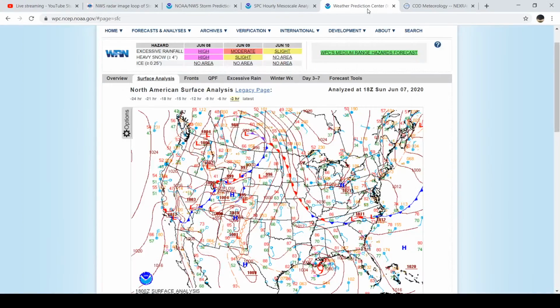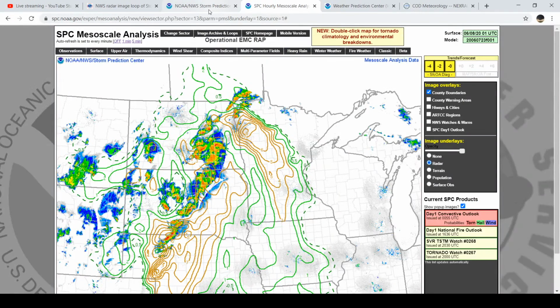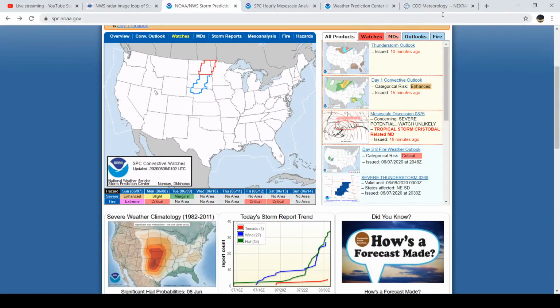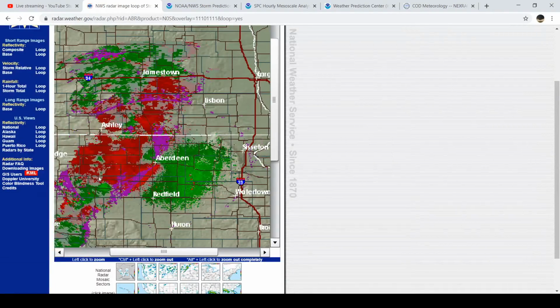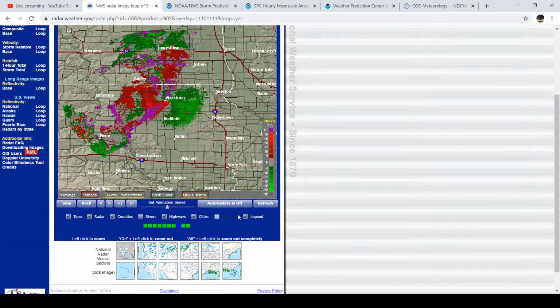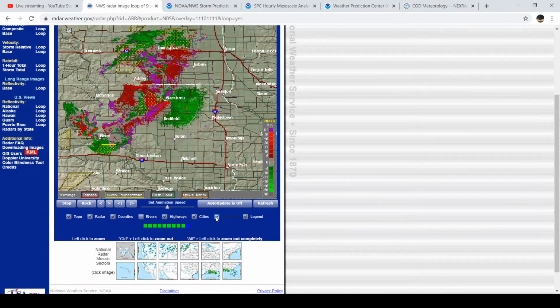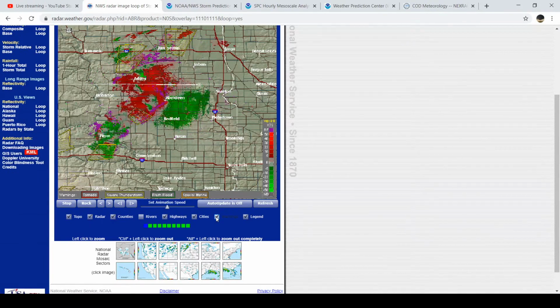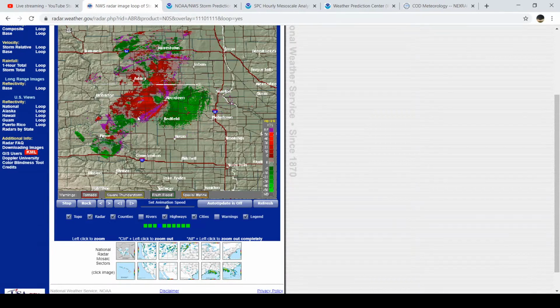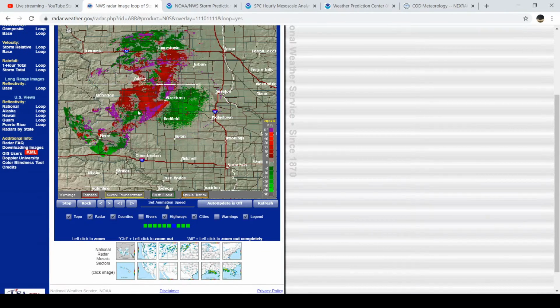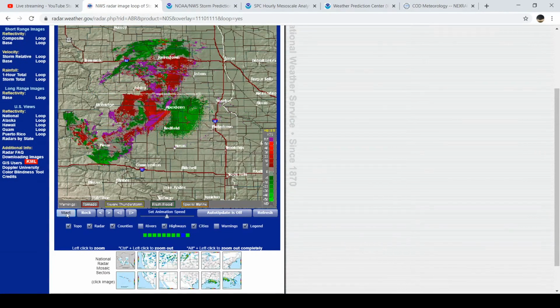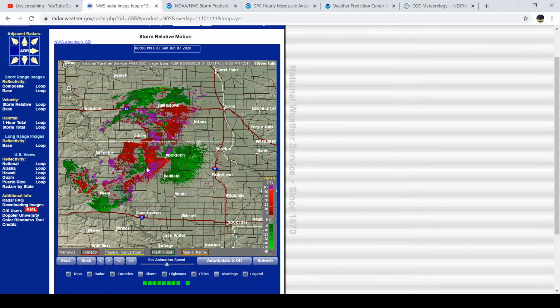Okay, so that definitely did not go in our favor at all. Let's see. So it was definitely this system right here. As you can see, right in there was where the couplet was, if I can get it to pause. So the couplet was about in this region right here. But as we can see, it looks linear now.